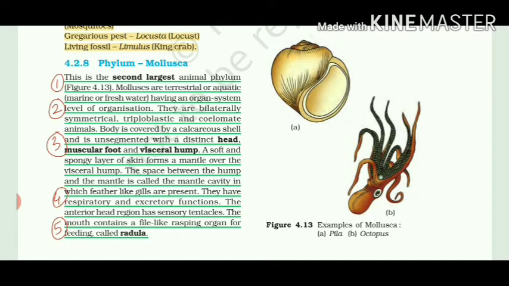And the anterior portion that we call the head has special tentacles on it. So they act as sensation organs. The mouth contains a file-like rasping organ which helps in feeding. So that special organ is called radula.